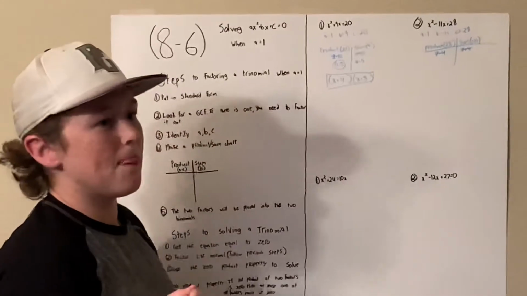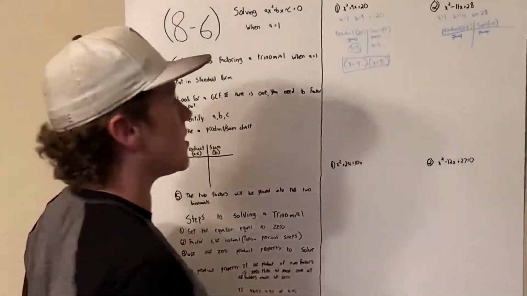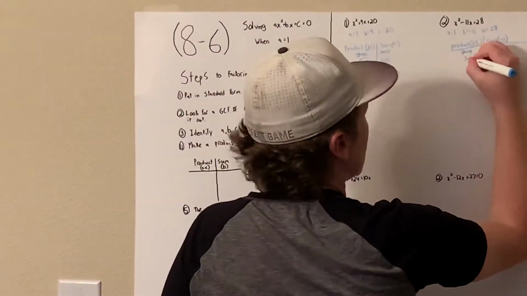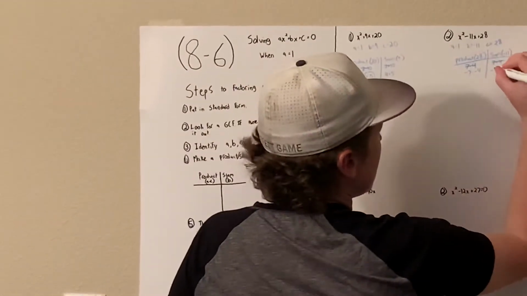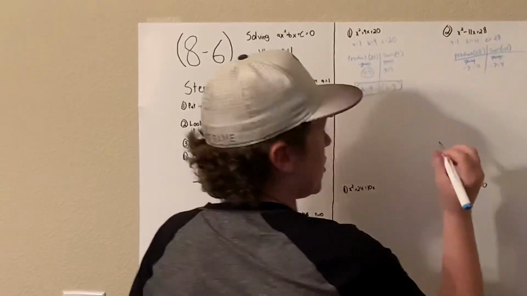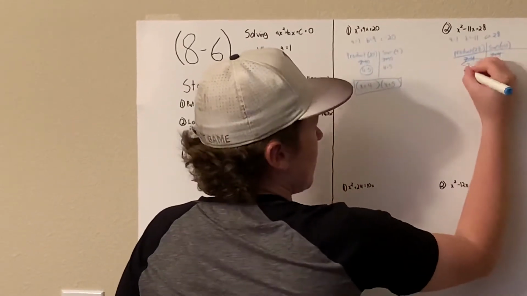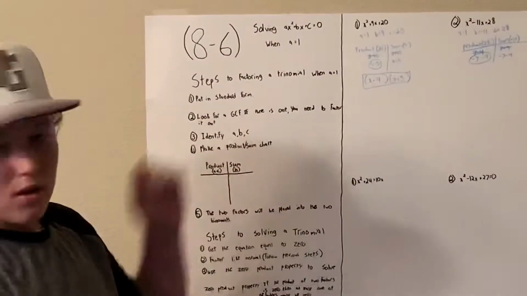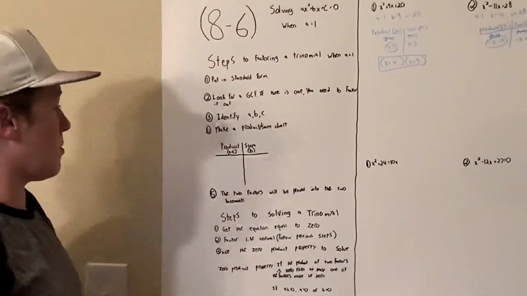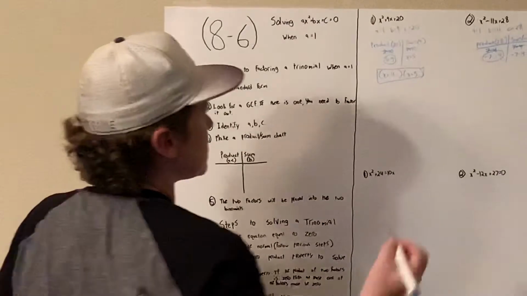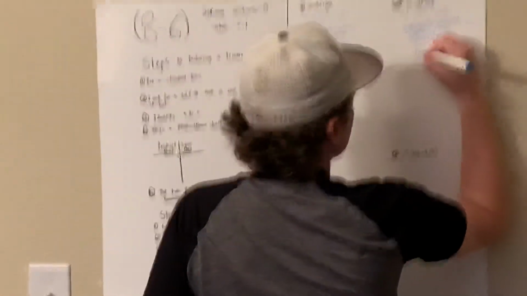Let's try a negative times a negative equals positive. So let's try negative 7 times negative 4. That equals 28. Negative 7 minus 4 equals negative 11. So that would be your two numbers. Then, step 5, the two factors will be placed into the two binomials. Set it up, x plus.